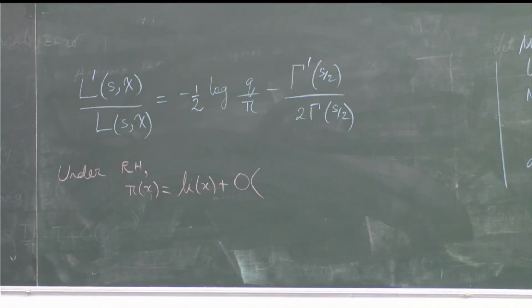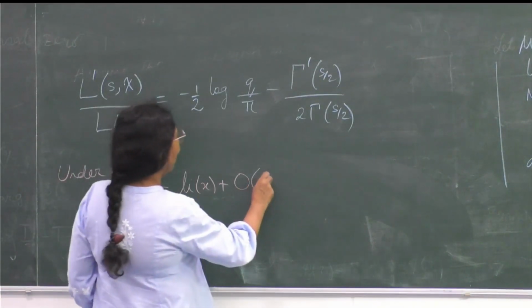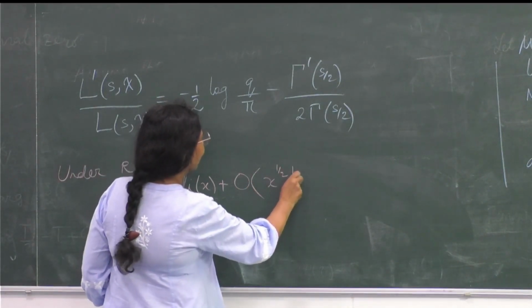Since now there are no non-trivial zeros anywhere other than x half, so x half is coming up, and I have O x to the power half log x.